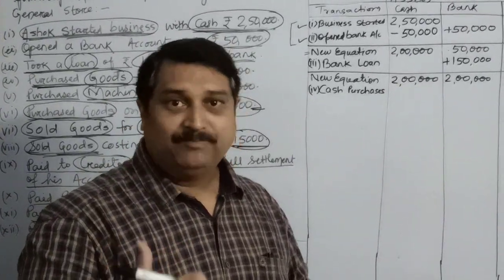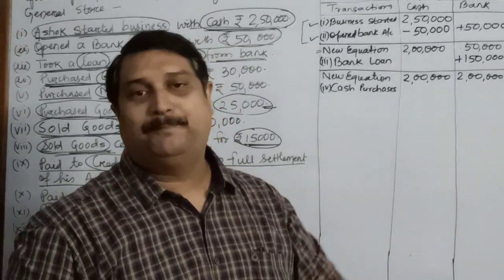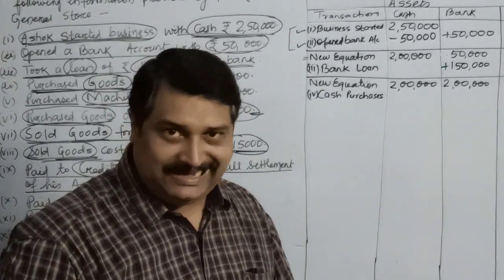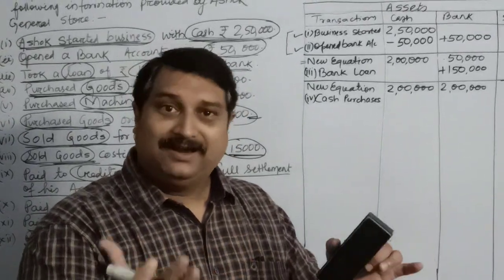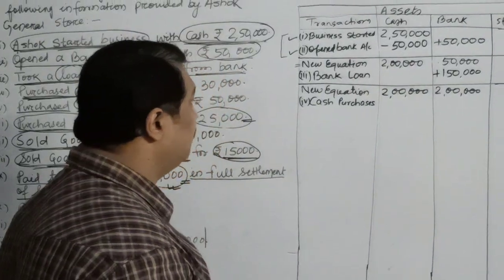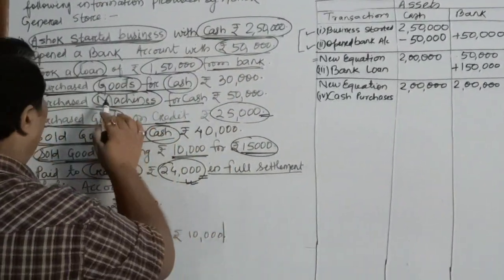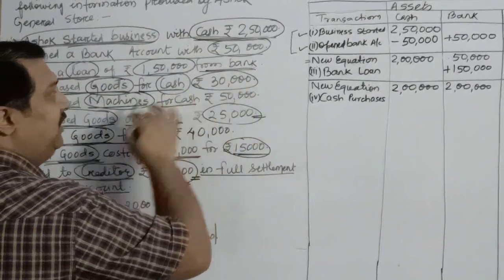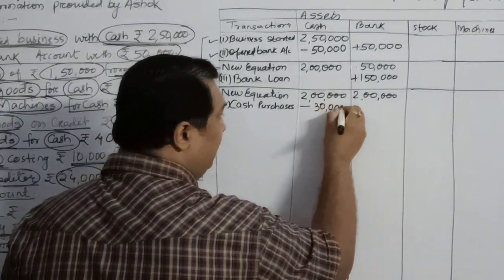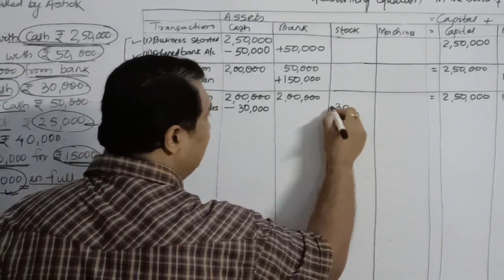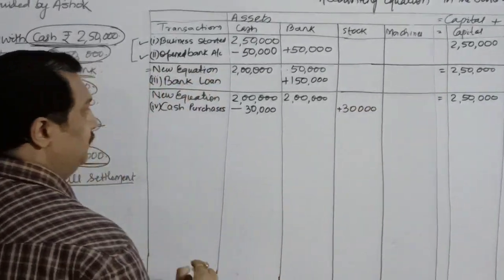My cash will decrease because I will pay when I buy goods, and since it is related to goods, it will affect your stock. So your stock will increase. Over here we have purchased goods for rupees 30,000 for cash. So my cash will reduce by 30,000 and my stock will increase by rupees 30,000.